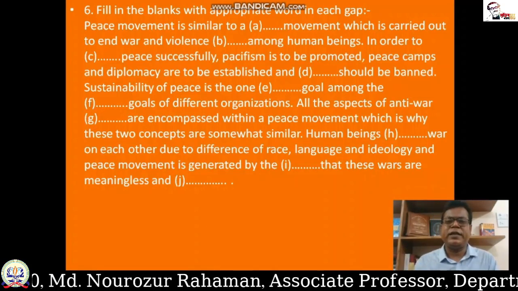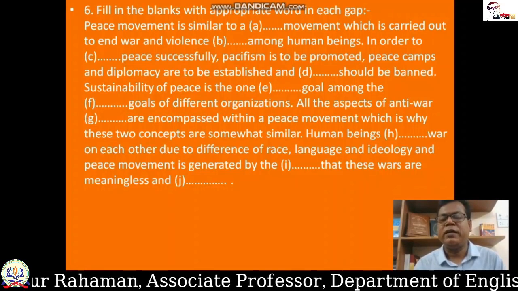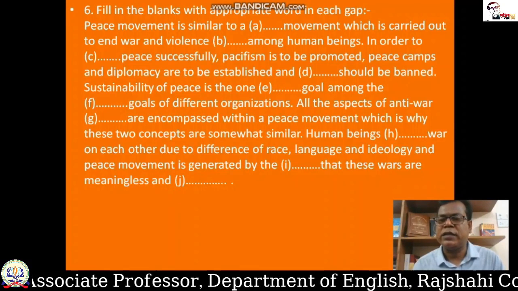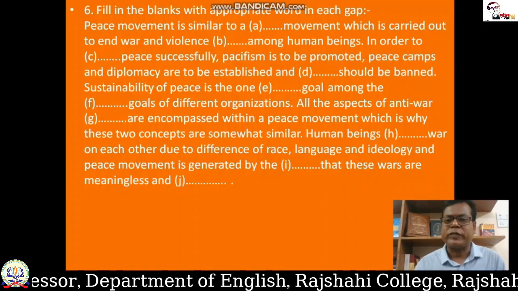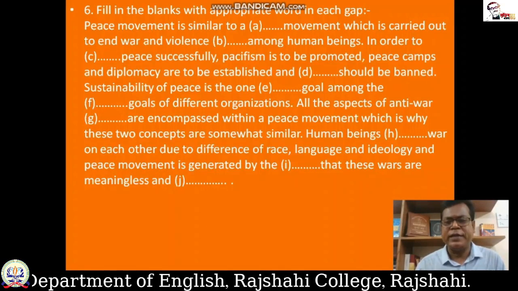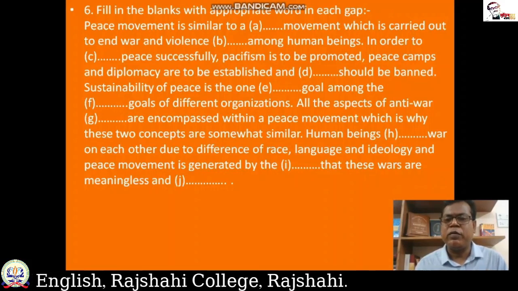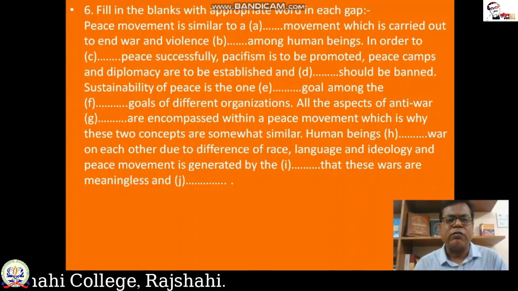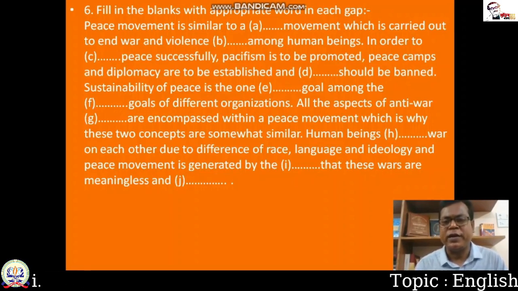Peace movement is generated by the belief of the organizers that these wars are meaningless. When people understood that wars were meaningless, then they formed peace movement organizations.